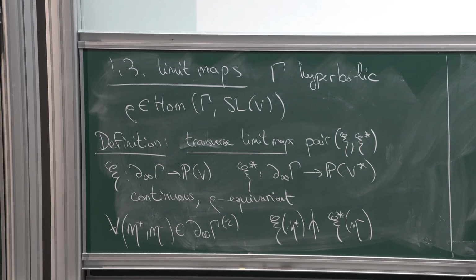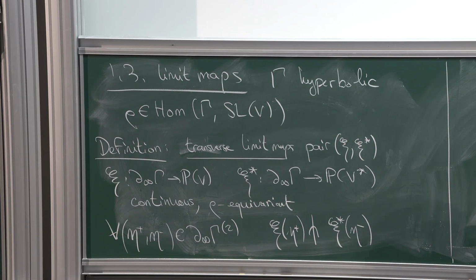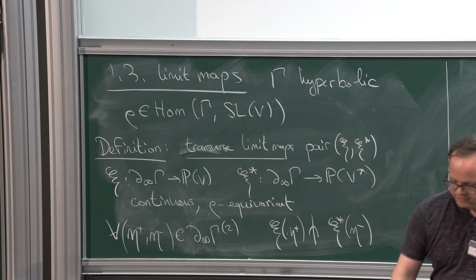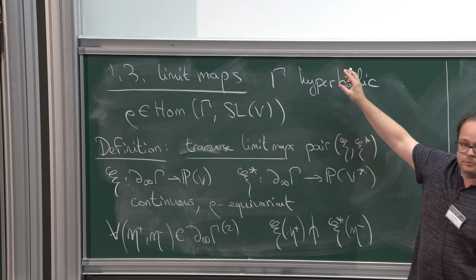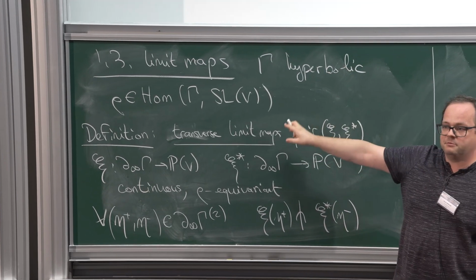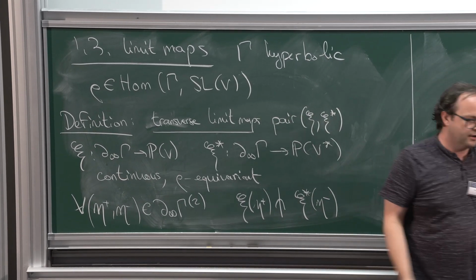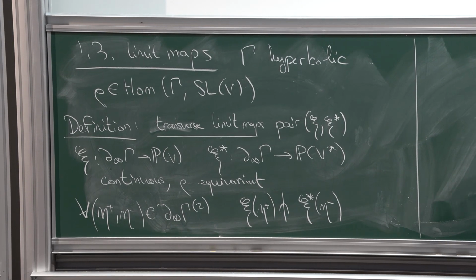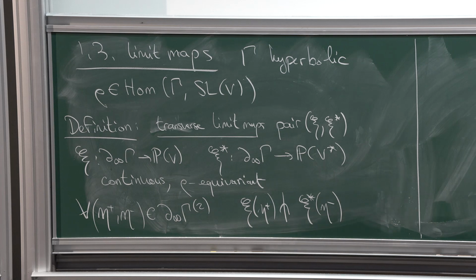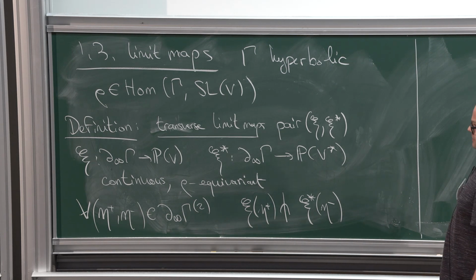So that will be the basic definition, and essentially Anosov representations can always be defined in most of the characterizations as representations of hyperbolic groups admitting transverse limit maps with some extra property. And we're going to see several instances of these properties that will characterize Anosov representations.